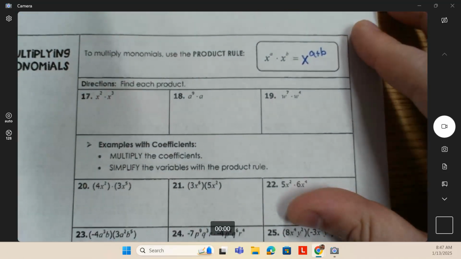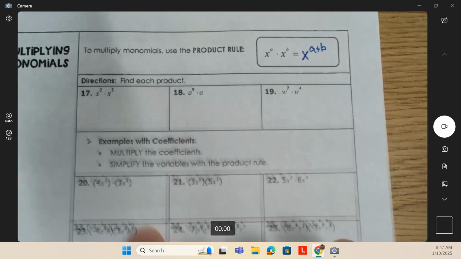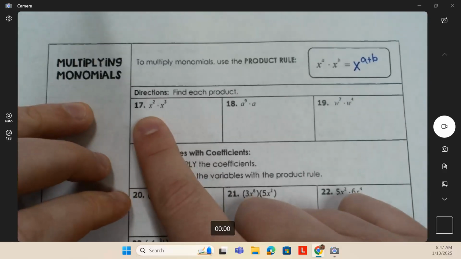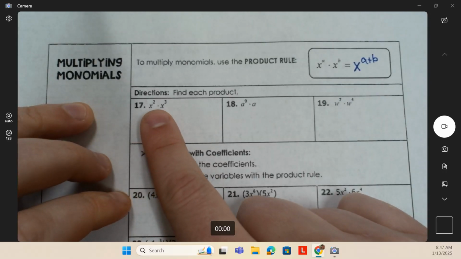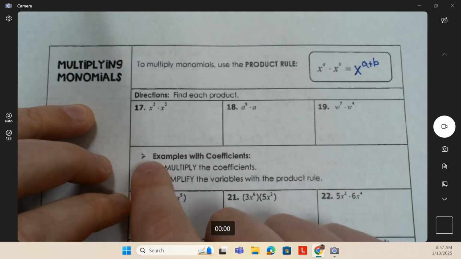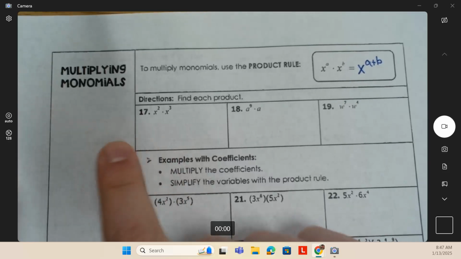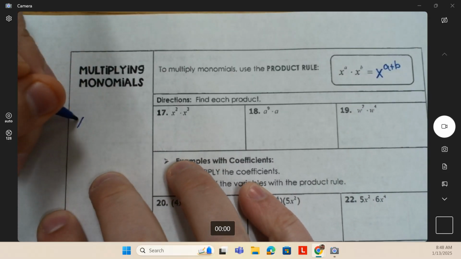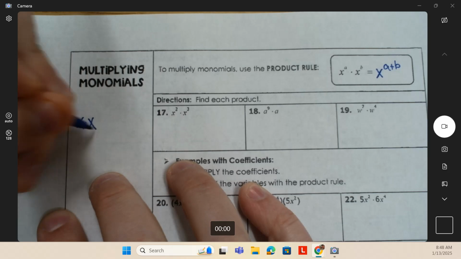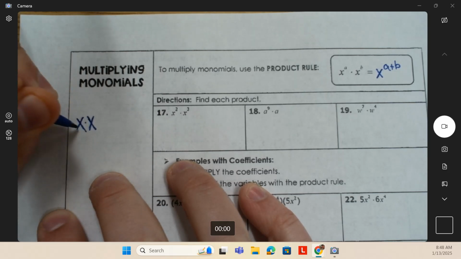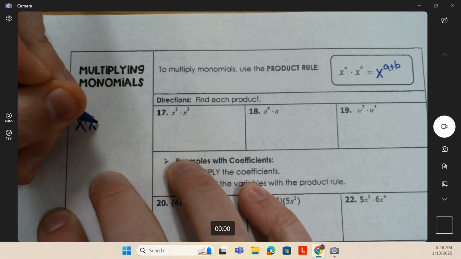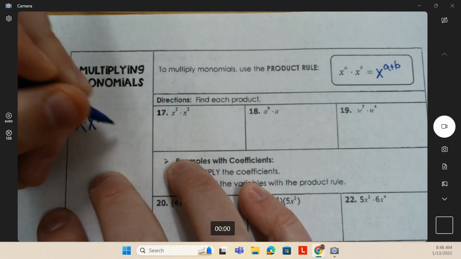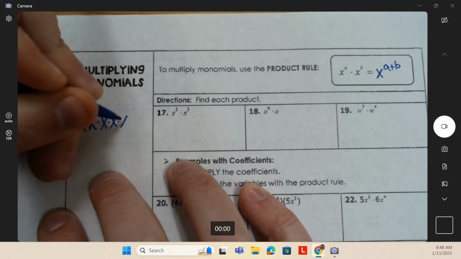So what that looks like is, for example, on the first one, I have x squared times x to the third. If I think of what x squared really is, it's really just x times x. And so if I have x times x, that would give me x squared. But then I'm multiplying that by x cubed, so that's times x times x times x.